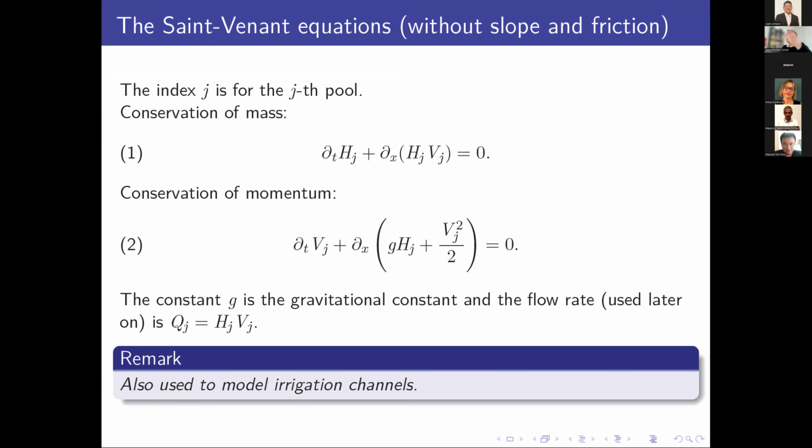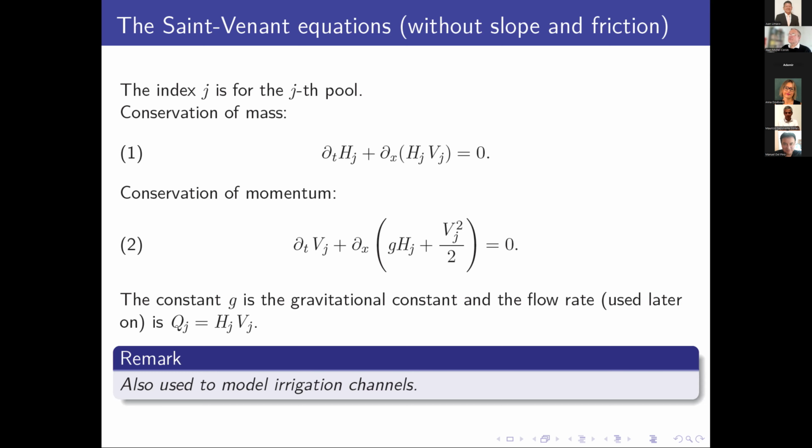So what are the two equations? The first one is a conservation of mass. You take the derivative with respect to time of the height of the water, plus the derivative with respect to x of the product h times v, which is called the flow rate, is equal to 0. And then there is a conservation of momentum.